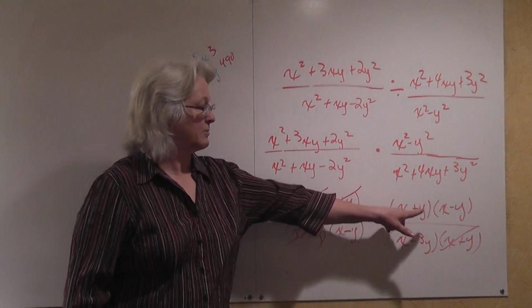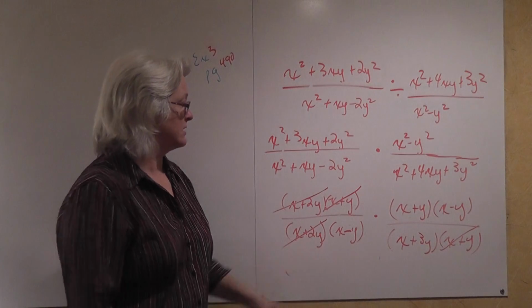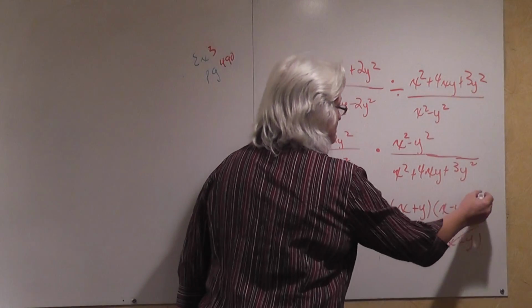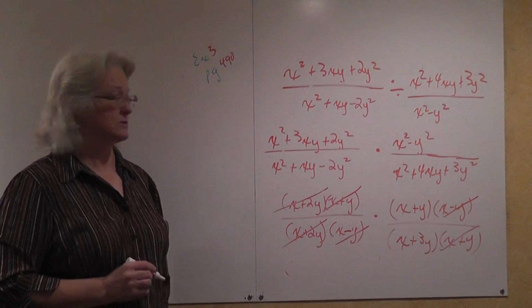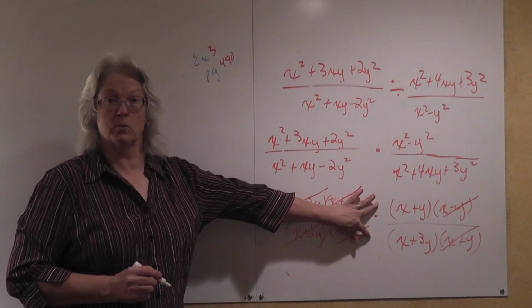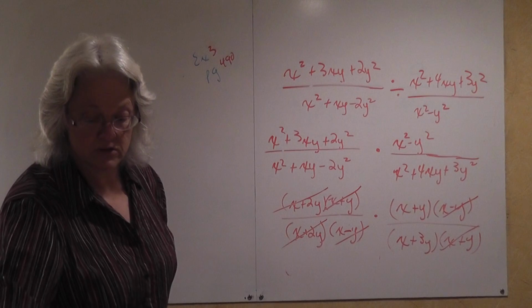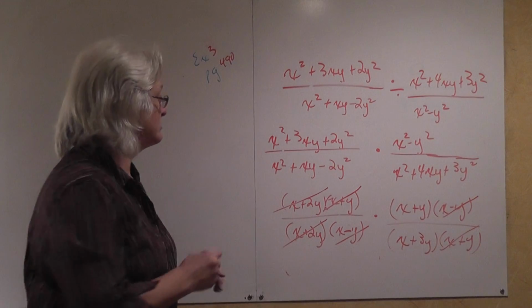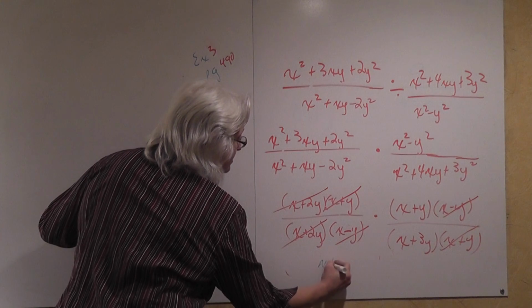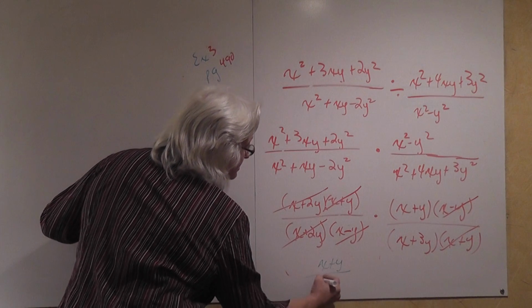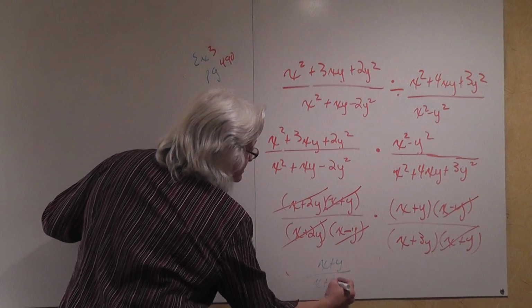No. What about x minus y? Yes, we have a factor of x minus y in the denominator that cancels. What is our answer now? The only factors remaining are x plus y divided by x plus 3y.